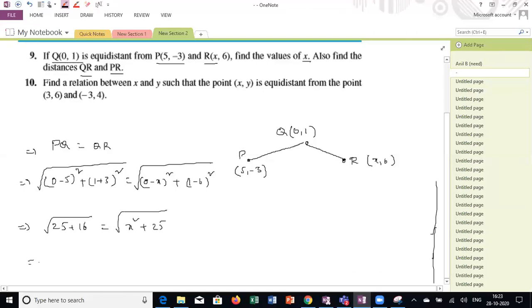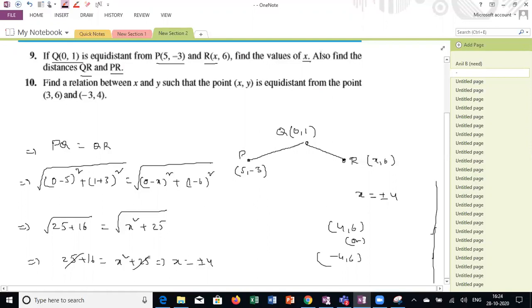So 25 plus 16 is equal to x square plus 25. So x is equal to plus or minus 4. So the points are (4, 6) and (-4, 6). These are the 2 points that can exist as R. That means x has 2 possible values here. Both will be the same distance, and that distance you can also calculate.